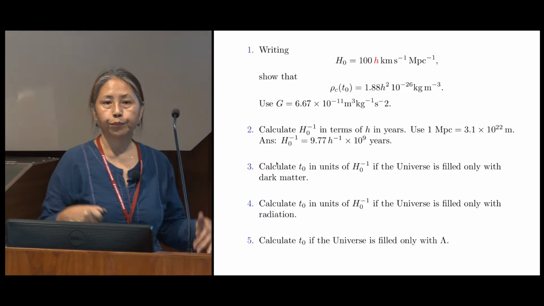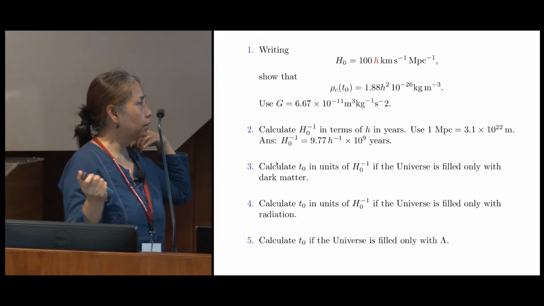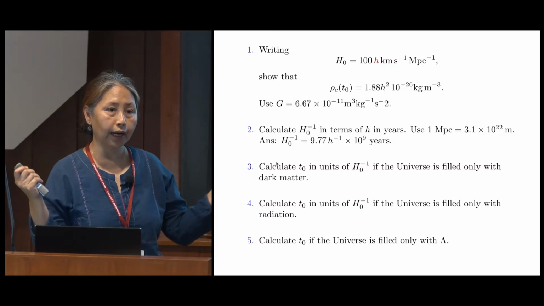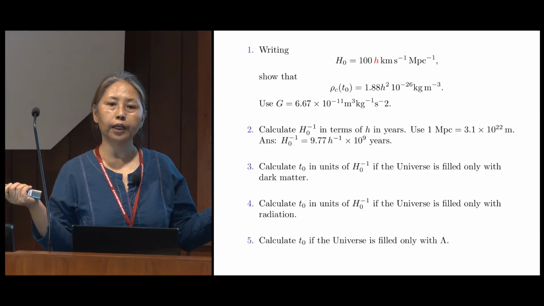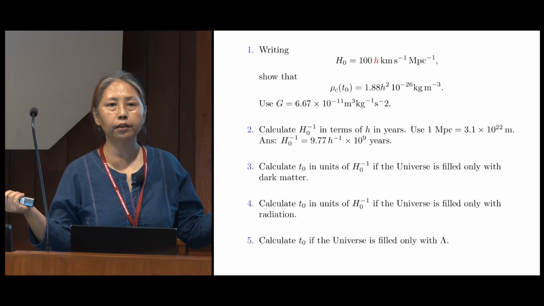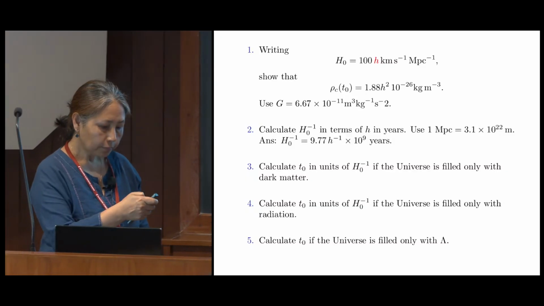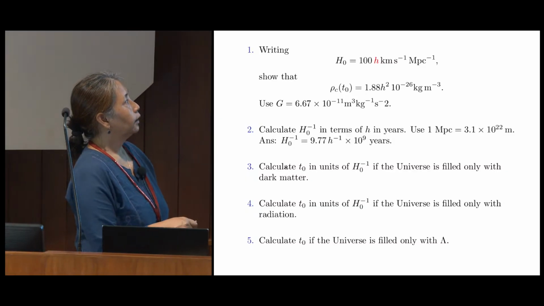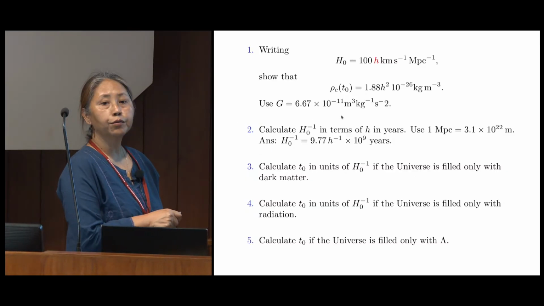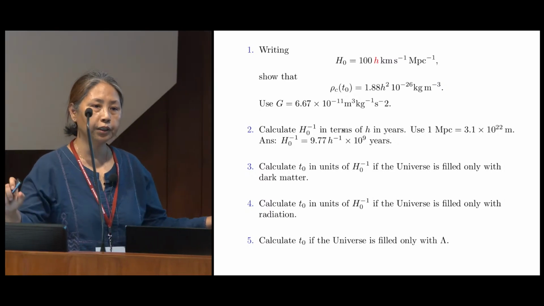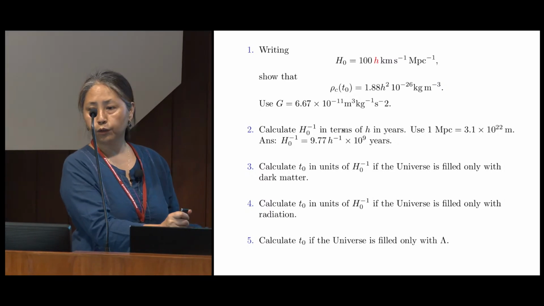When people in astrophysics compare times, sometimes they talk in gigayears or megayears. Usually in cosmology we talk in gigayears, right? And H naught matters because all time measurements are going to be scaled by H naught.